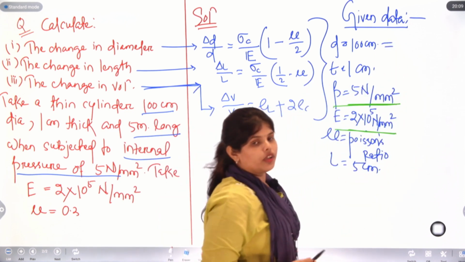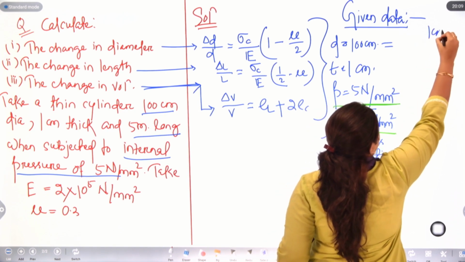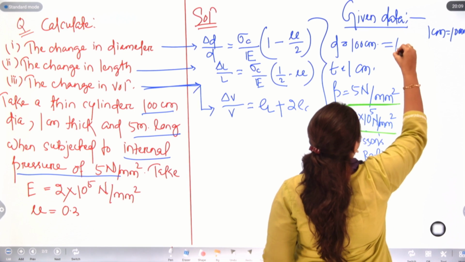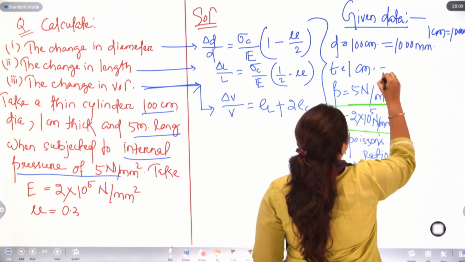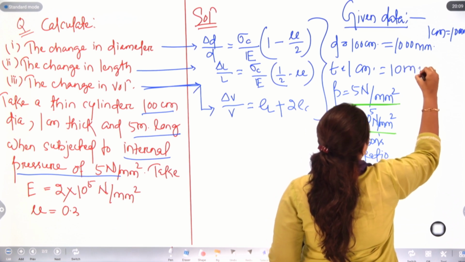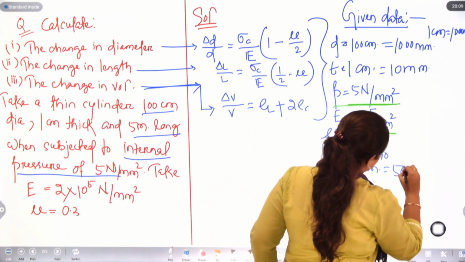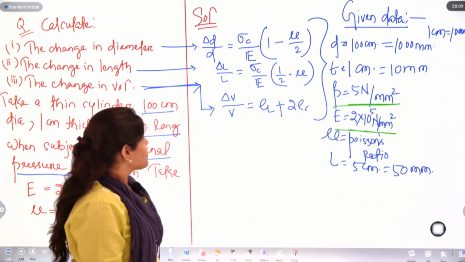We know that 1 centimeter equals 10 mm. So here it will be 1000 mm, this 10 mm, and L is 50 mm.